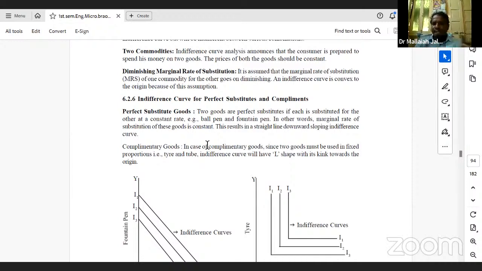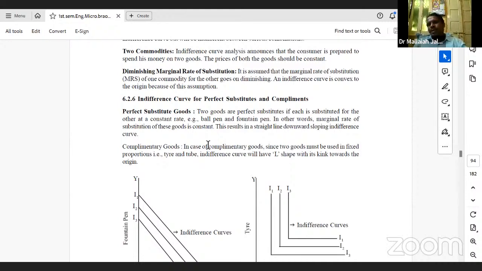For example, tea and coffee are the best example of substitute goods. Generally, for example, you have a habit of taking coffee daily, regularly. If you go somewhere and coffee is not available in a particular place, then automatically you prefer tea, but the satisfaction you get may be the same. Okay, these are substitute goods.